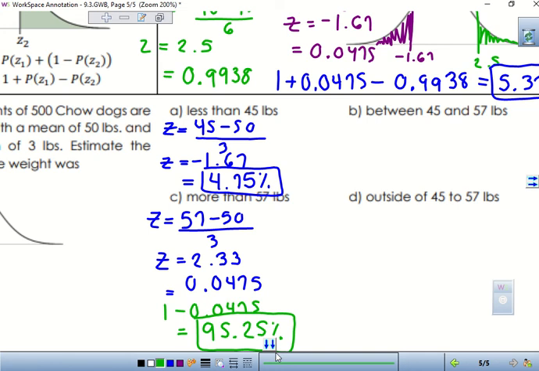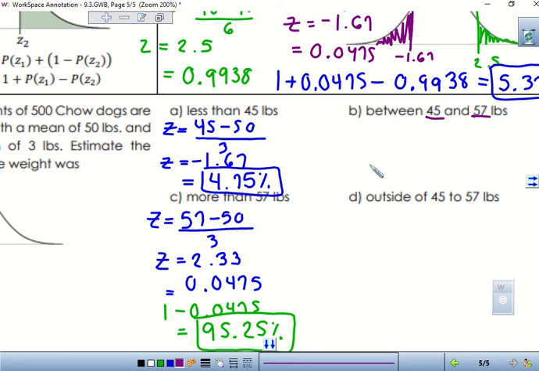And now we're going to do between the two. So this is where you can work smarter and not harder. Haven't we already calculated the Z value for both of those? So we don't have to do it again. But if it's between, we just have to follow the rules, right? It's going to be the one that's larger minus the one that's smaller.